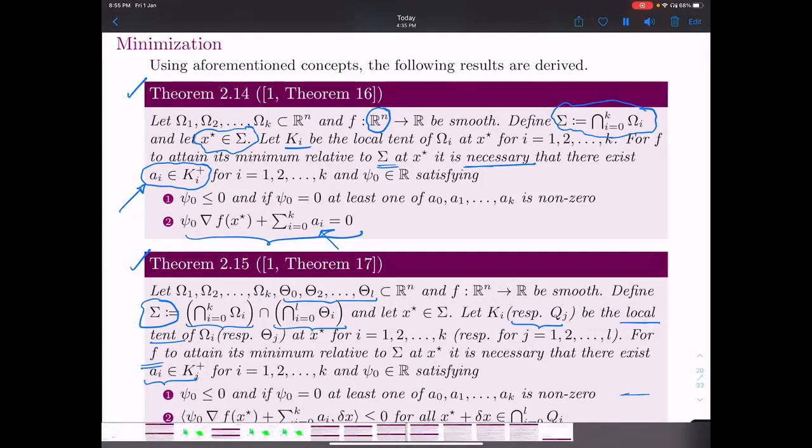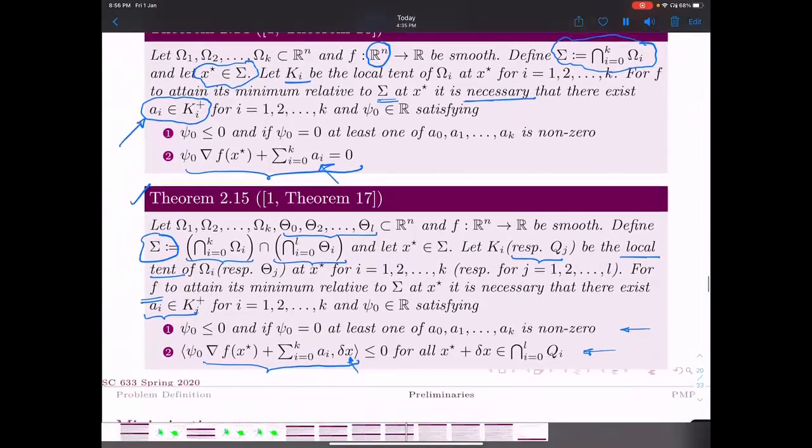Again, this is true, but look at the difference here because of the fact that these QIs arise from non-separable sets, right? And therefore, this earlier condition becomes like this, where the delta x is all elements from x. So x star plus delta x should belong to the intersection of the QIs.